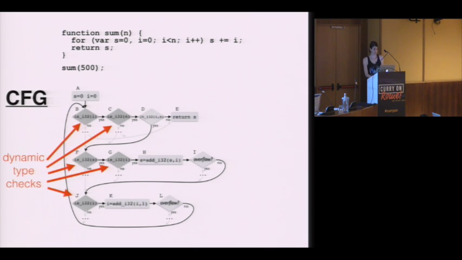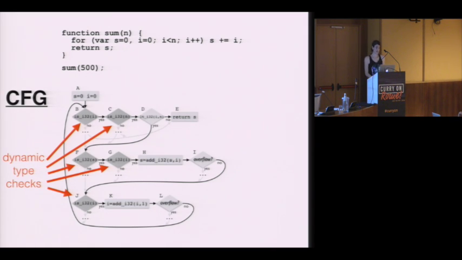So we have all these implicit type checks though. We have to check that I and n are integers before doing an integer less than comparison. If n was a string, we'd have to do a comparison of an integer with a string instead. On the second row, we have to check the types of s and I before adding them together, and so on.